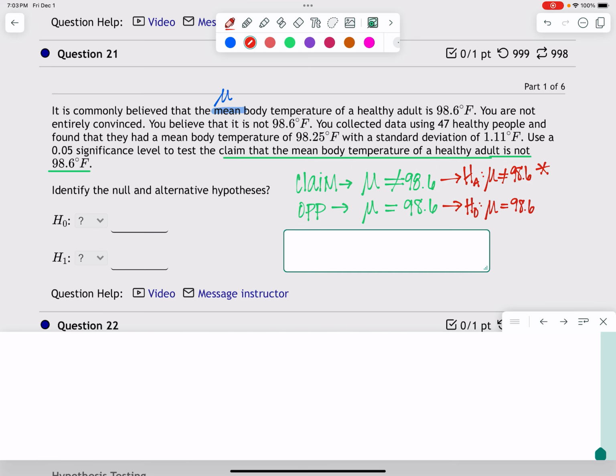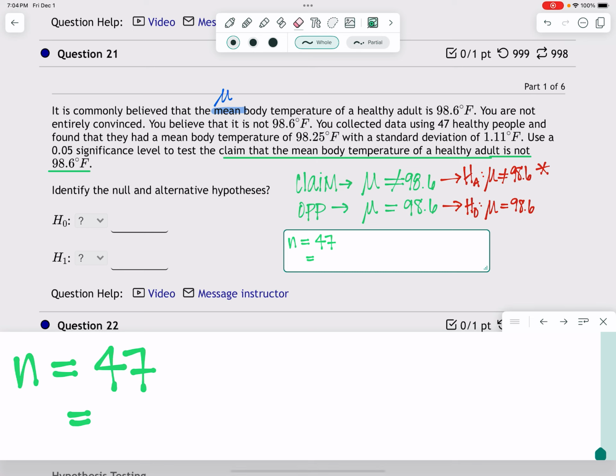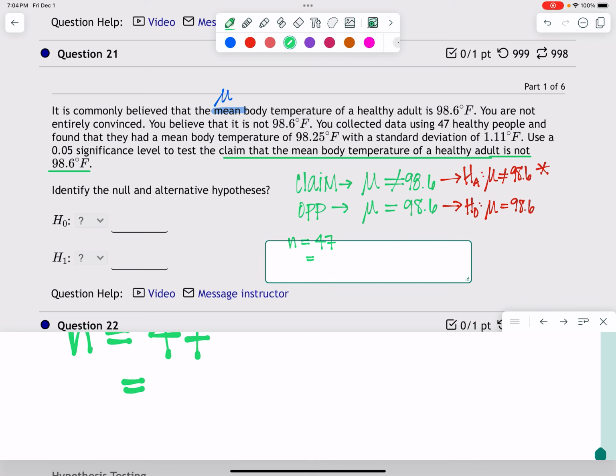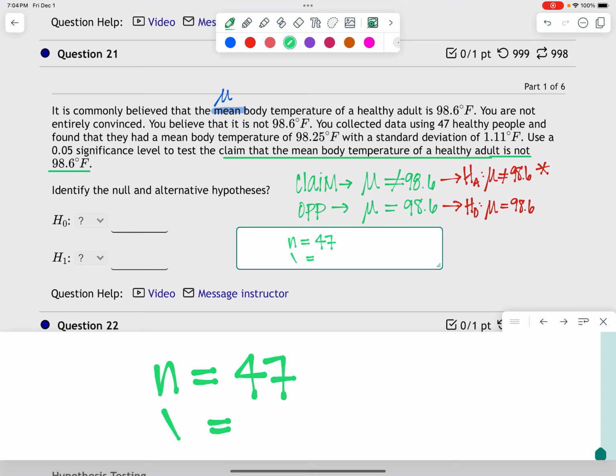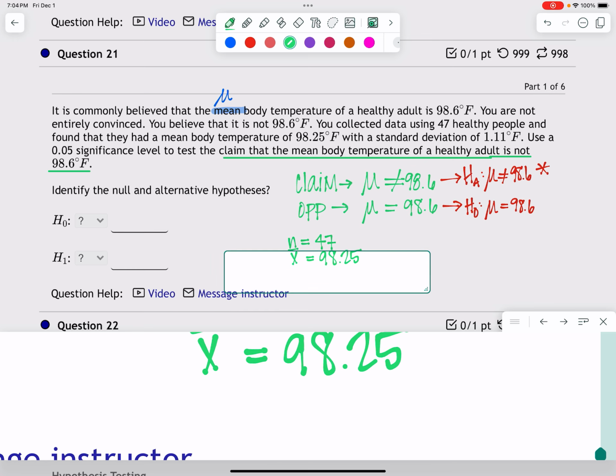Now let's look at what we've got. When they did the study, we have a sample size of 47 that had an average temperature of 98.25. And we have a sample standard deviation of 1.11.